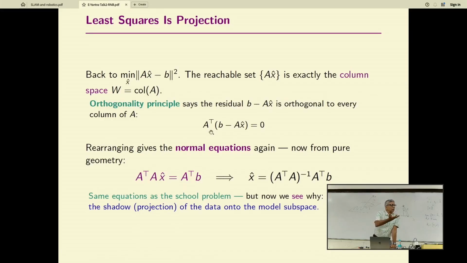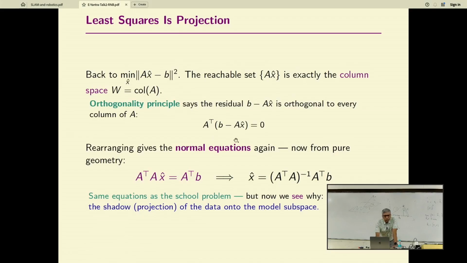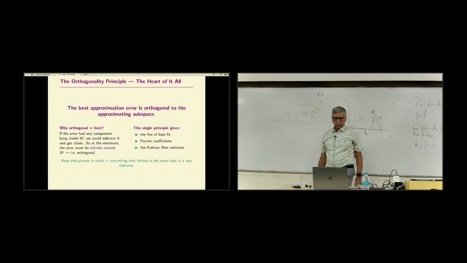Otherwise you could have done better, just as in the case of the orthogonality of the error in the simple R2 case. If this was not true, that is the columns of A were not perpendicular to the error, then you don't have the best possible estimate. Okay, and so you can reduce this to this, so you have X hat equals A transpose. So just a summary of things.